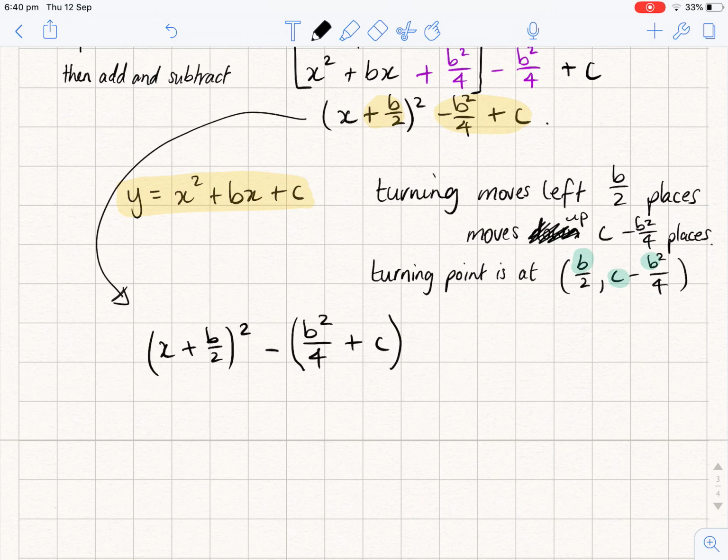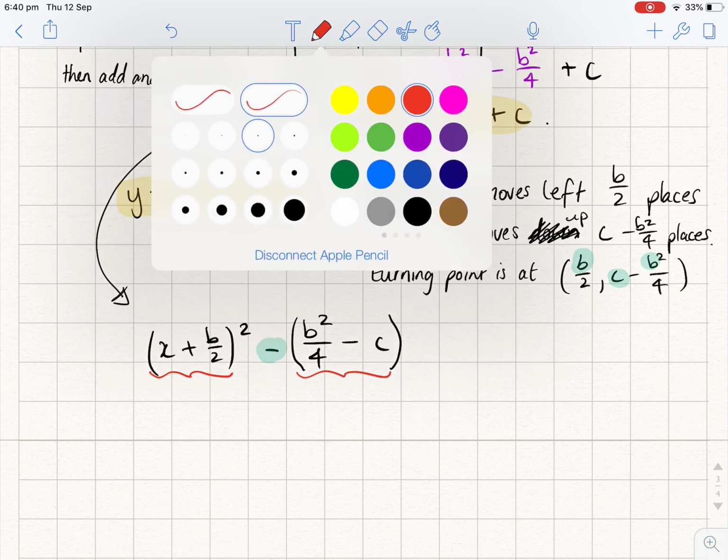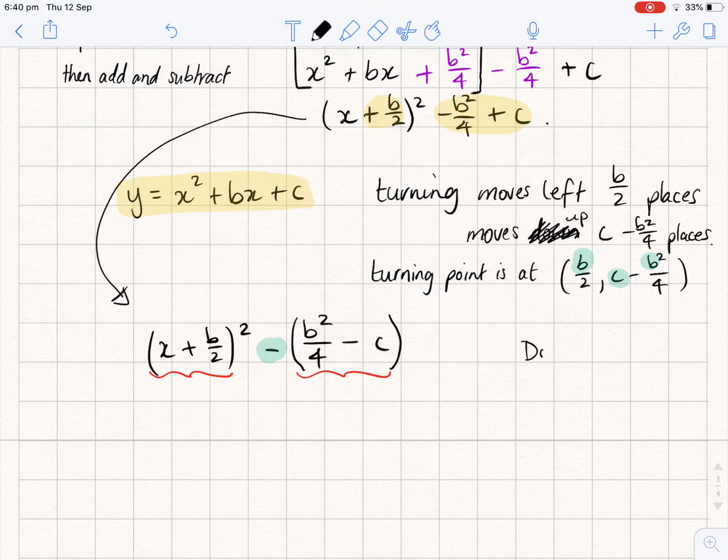Let me just go back so I can get that expression looking a bit neater. So there's my expression, and here is my difference of two squares, or a difference of perfect squares problem, as we've been calling them in class.